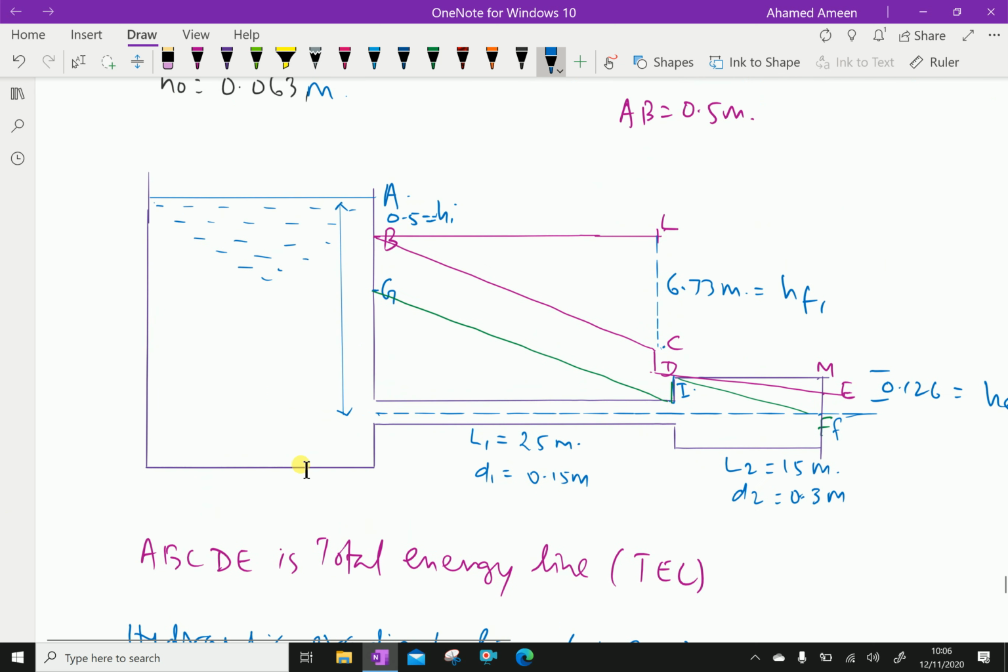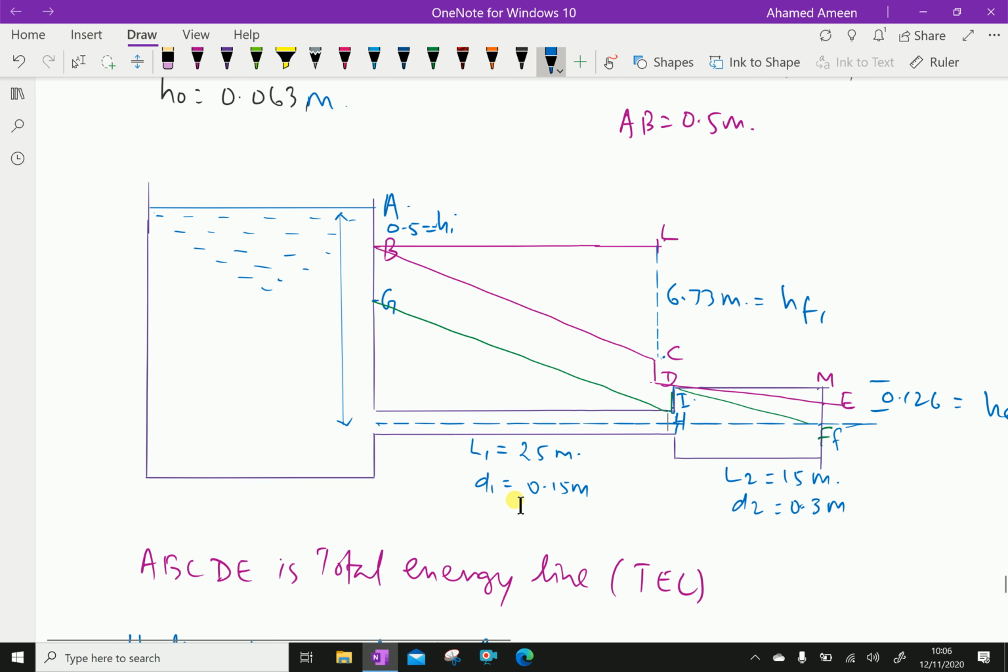The line GHIF is the hydraulic gradient line.